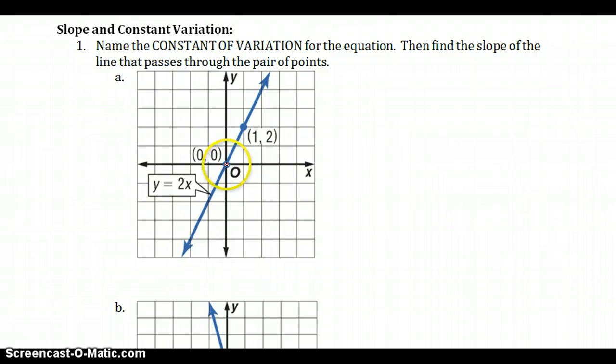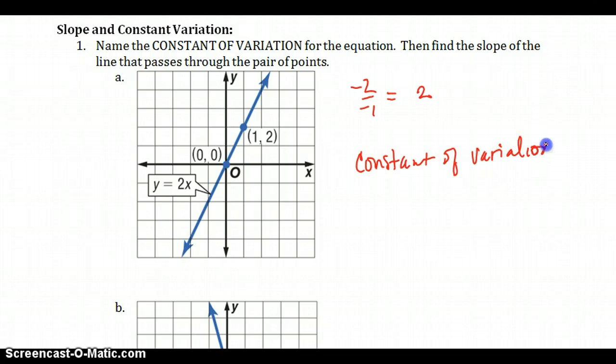If you rise negative 2, you run negative 1. Well, negative 2 over negative 1 is still going to give us 2 understood over 1. So the constant of variation, I'm going to write it out this time, but from now on I'm going to refer to it as k, is equal to 2.